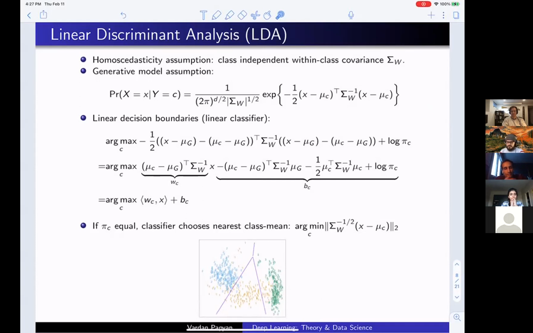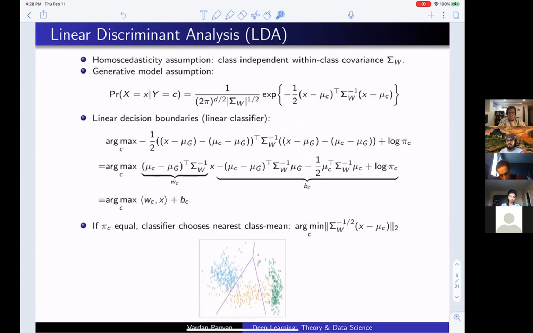Now, notice that the argmax of this whole expression is equivalent to this argmax. So what have I done here? I've taken this X minus mu G and multiplied it by X. That gives us this quantity. And the second quantity that we have here is mu C minus mu G multiplied by this quantity. And the third quantity, this thing, is what you obtain if you multiply the remaining terms.